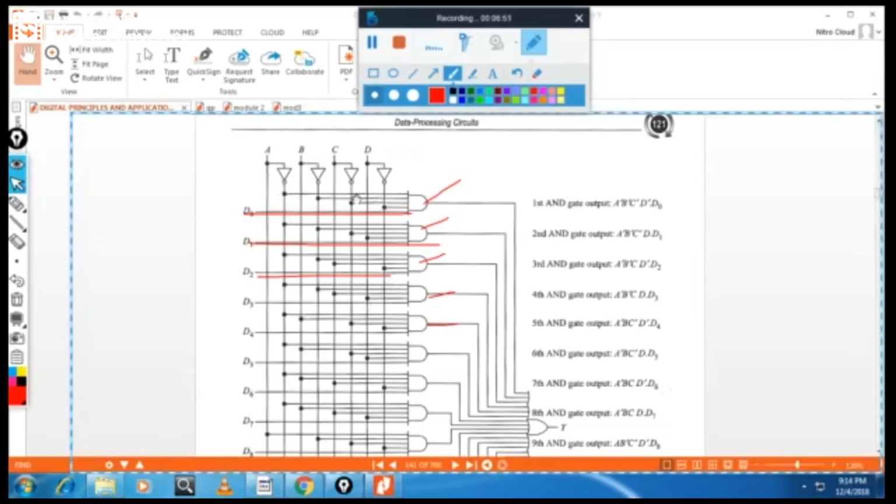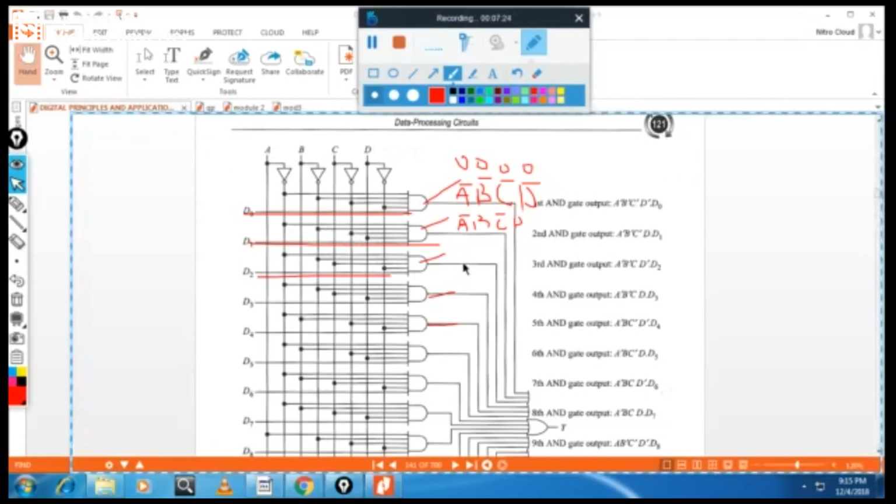So, here you can see the first AND gate is nothing but A bar, B bar, C bar and D bar, that is 0, 0, 0, 0. Wherever it is 0, that is represented by a bar. The second one is A bar, B bar, C bar and D. You can see the second one is connected here, this one is D, but it is C bar, A bar, B bar, like that.